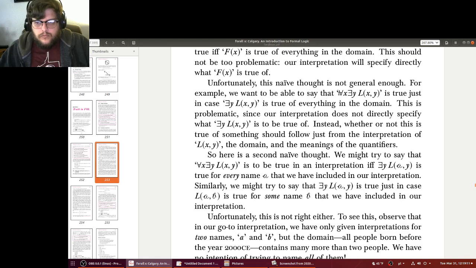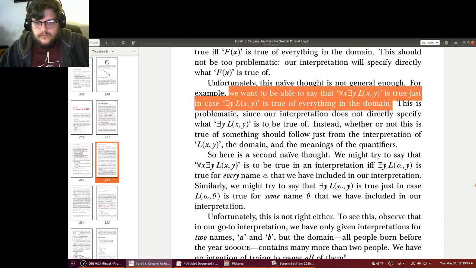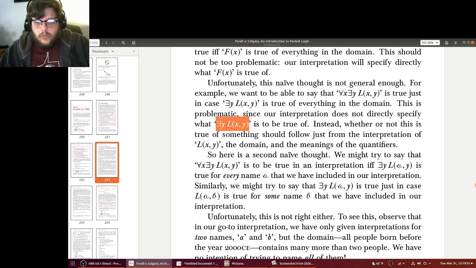So we want to say for all x there exists y, Lxy is true, just in the case that there exists y, Lxy is true of everything. Okay. Now, they say this is problematic because our interpretation does not directly specify what this is to be true of. Whether or not this is true of something should follow just from the interpretation.